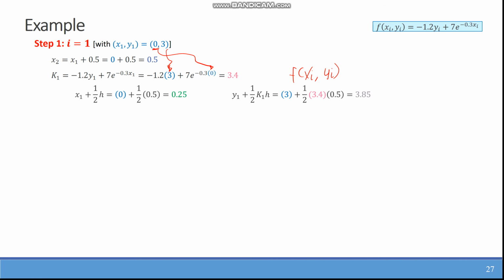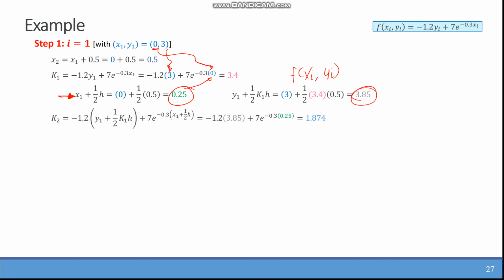Okay, for k2, this will be the new x. This will be the x part that will be used in k2, and then the y. So we just substitute that in the equation, and then we have this factor in k2.